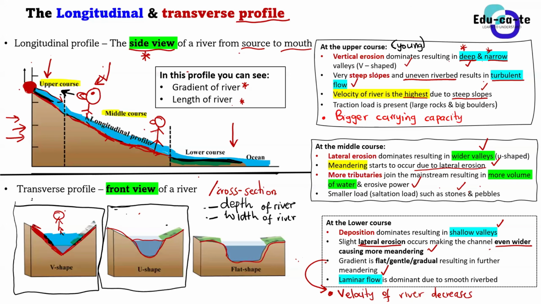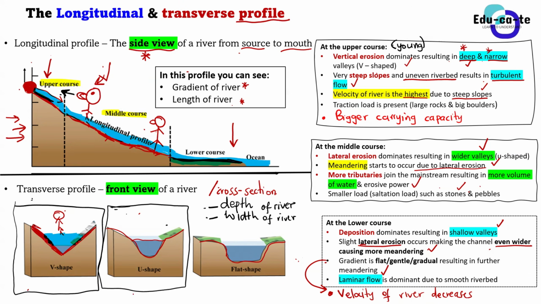So since the river will flow slower at the lower course due to this gentle gradient, it means that the river cannot carry the eroded materials anymore. That's why it deposits it. It cannot carry it downstream, so it starts depositing it. It simply means that the water has less carrying capacity.